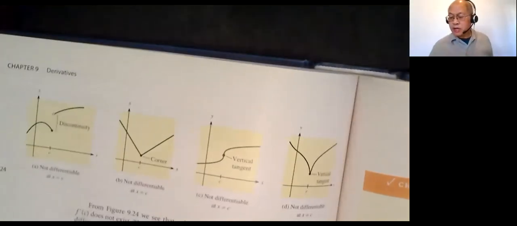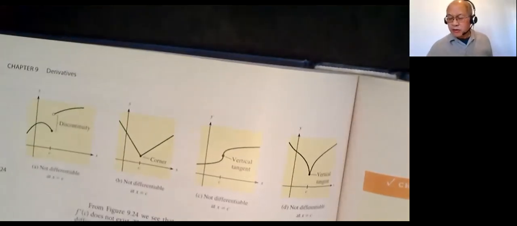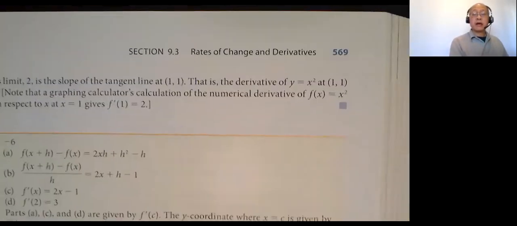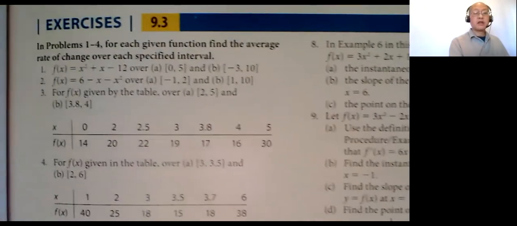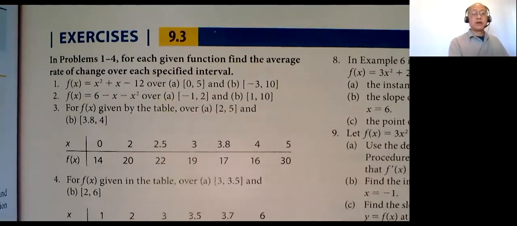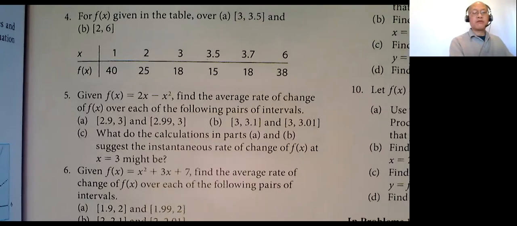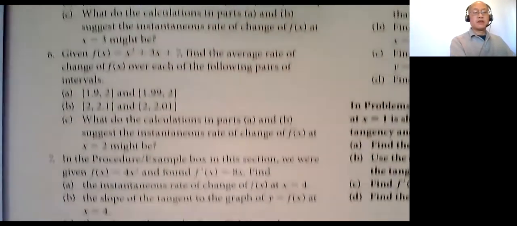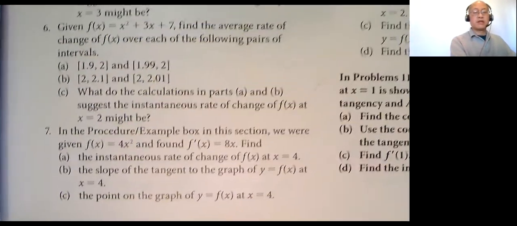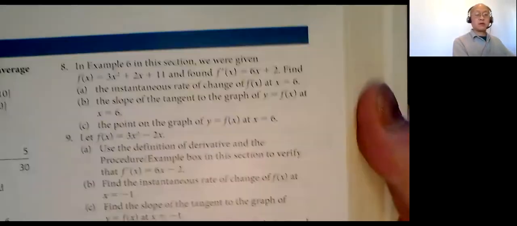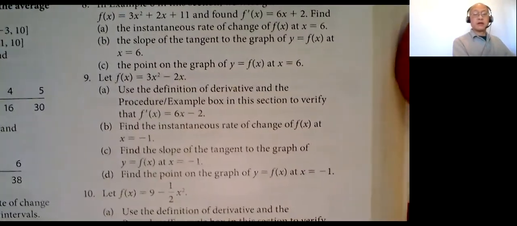So for 9.3, the highest is 38 in my book. For those of you that aren't planning to get the book, my page 569. So 1, 2, 3, 4, 5, 6, 7. So you can catch the video, of course. 9.